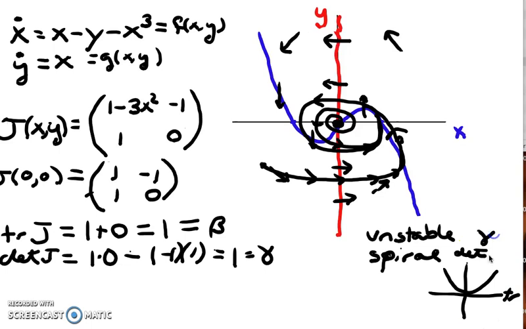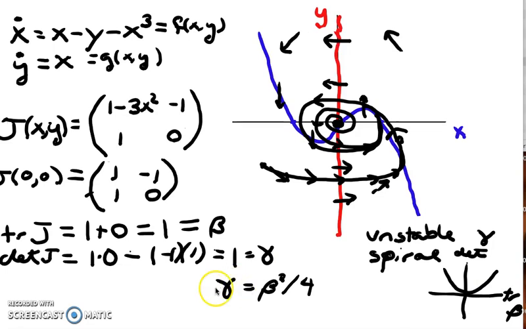Remember, this is gamma, this is beta. The condition for this parabola can be written several ways, but I think it's best to write it as gamma equals beta squared over 4.